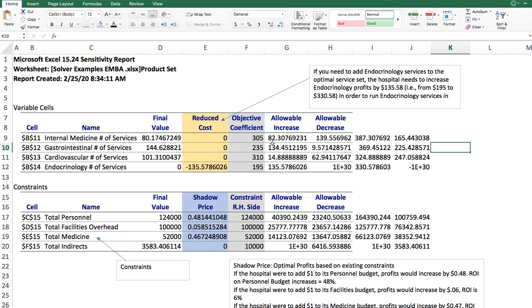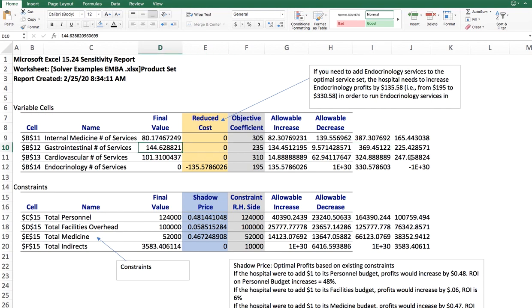Similarly, this is what it means: for internal medicine, as long as profits are between $165.44 and $387.44, you'll still be offering about 80 services. As long as gastrointestinal services are between $225.43 and $369.45, you'll still offer 145 services.